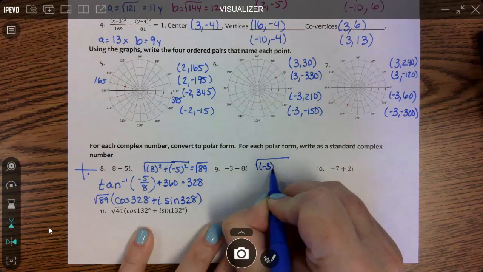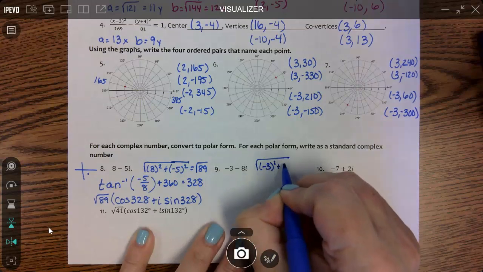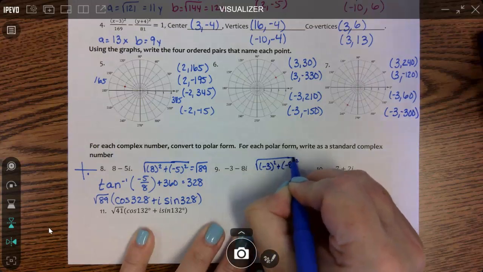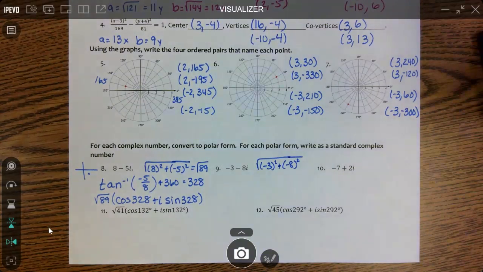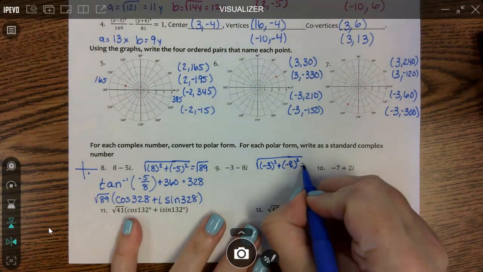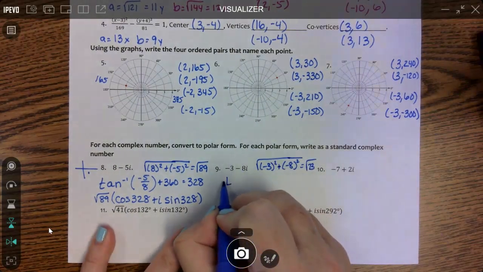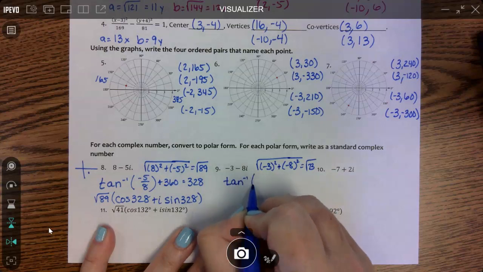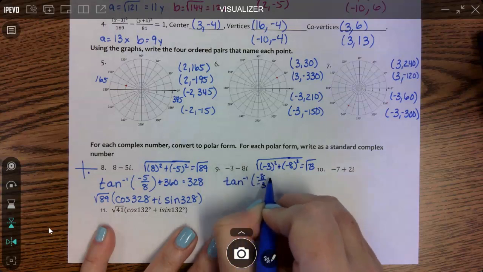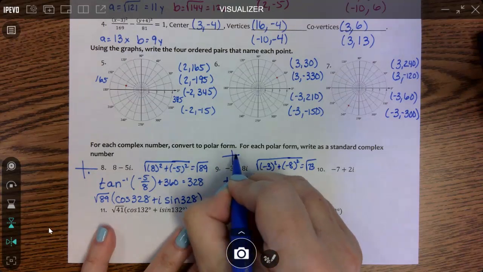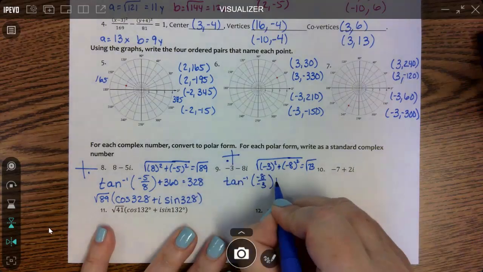So negative 3 squared plus negative 8 squared. Okay, 9 plus 64, so square root of 73. Tangent y over x. If we graph this, negative, we're going to add 180.